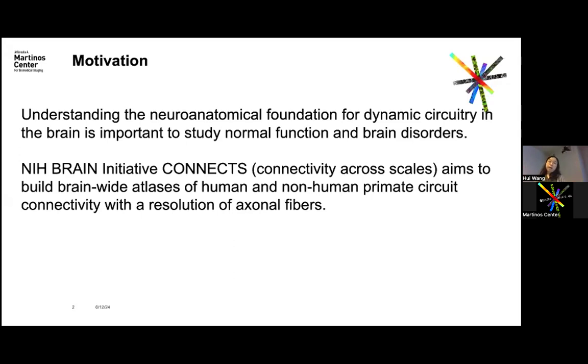And this effort has been recently emphasized by the NIH BRAIN Initiative Connects Network that involves multiple grants in different species, and aims to build a brain-wide atlas. One particular emphasis is human and non-human primate circuit connectivity with the resolution of axonal fibers.